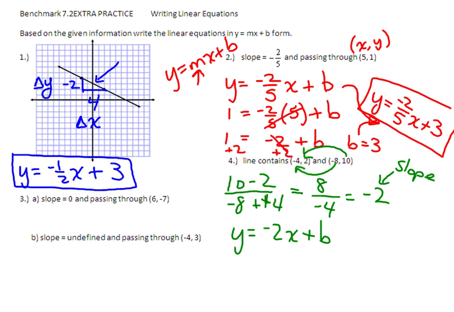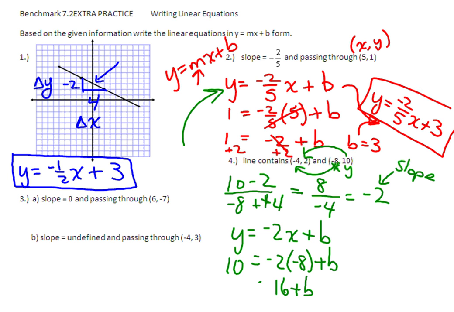But now I'm back at the same step I was at up in number 2. I take my ordered pair, either the (negative 4, 2) or the (negative 8, 10), and plug those in for x and y. I'll just put an x under the negative 8 and the y under the 10, and I'll use that point. So 10 equals negative 2 times x, which is negative 8, plus b.